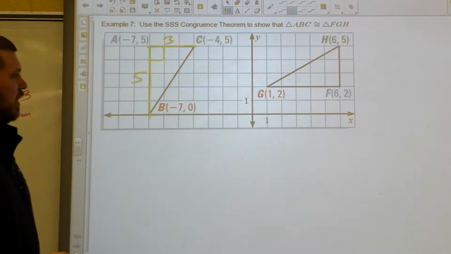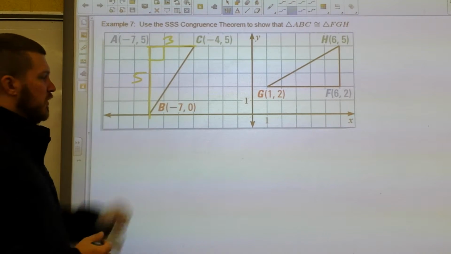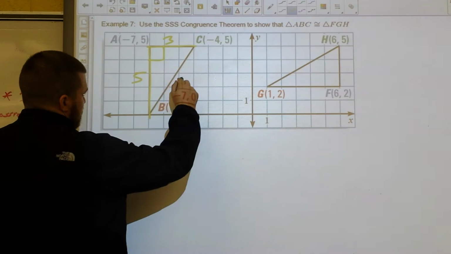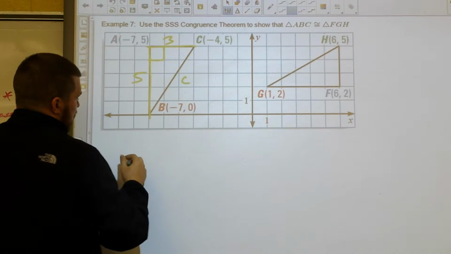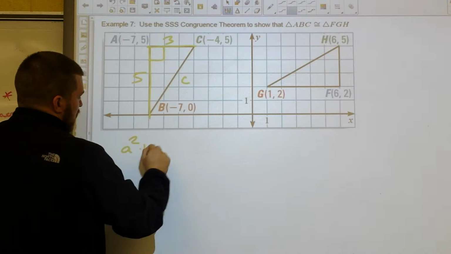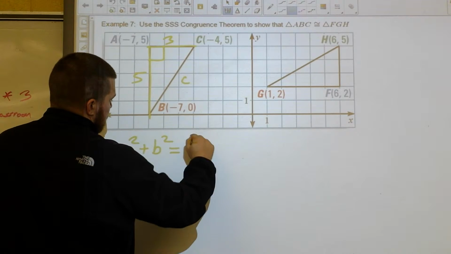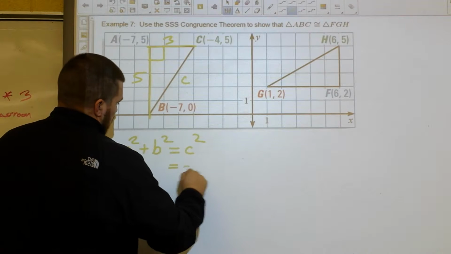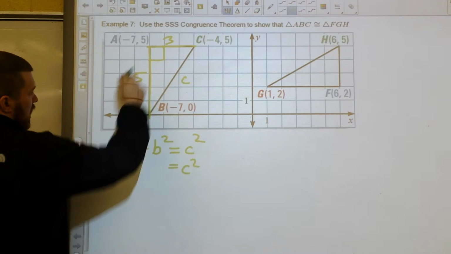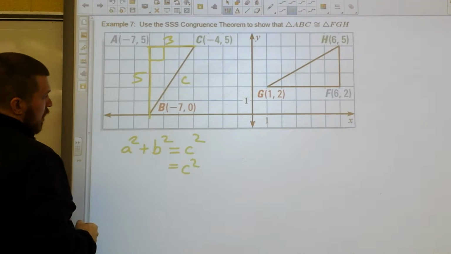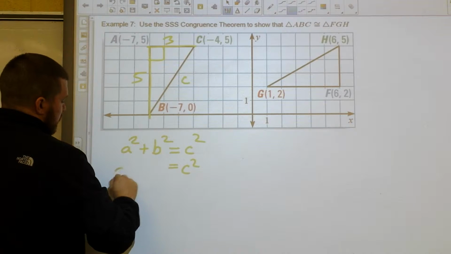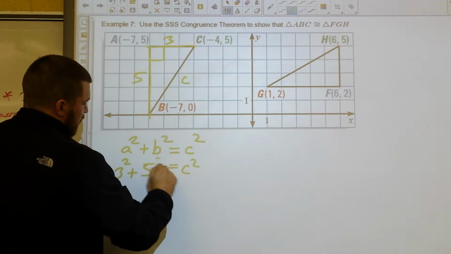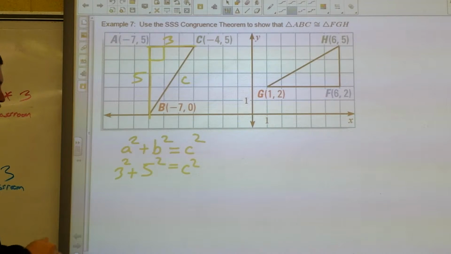So what I can do now is use the Pythagorean theorem to find my third side. This is obviously my hypotenuse, so that's C. So I'm going to say A squared plus B squared equals C squared, and plug in what I know. C is what I'm trying to find, and it doesn't matter which one I call A or B, so I'm just going to say 3 squared plus 5 squared equals C squared, and now we just clean it up.